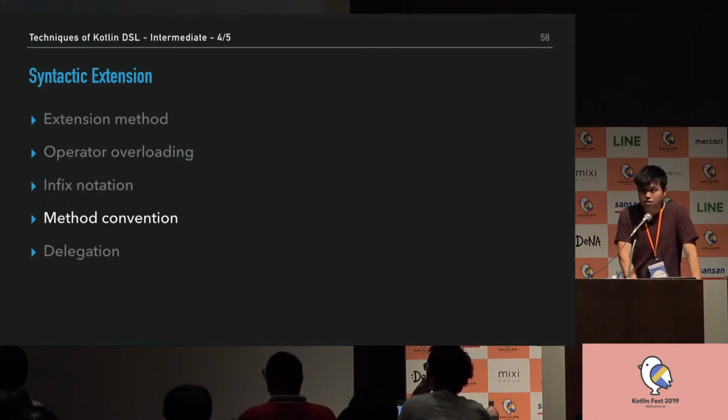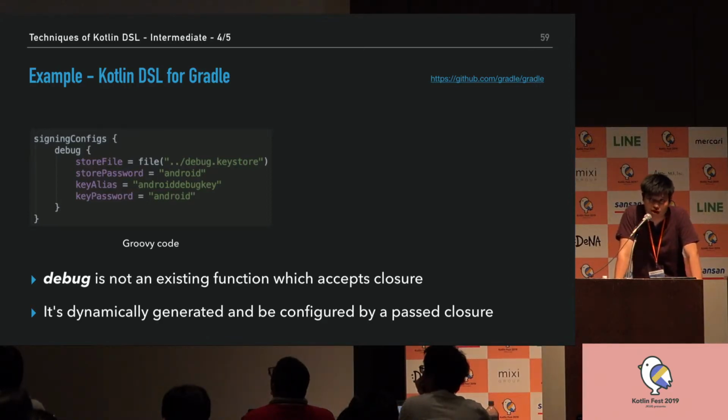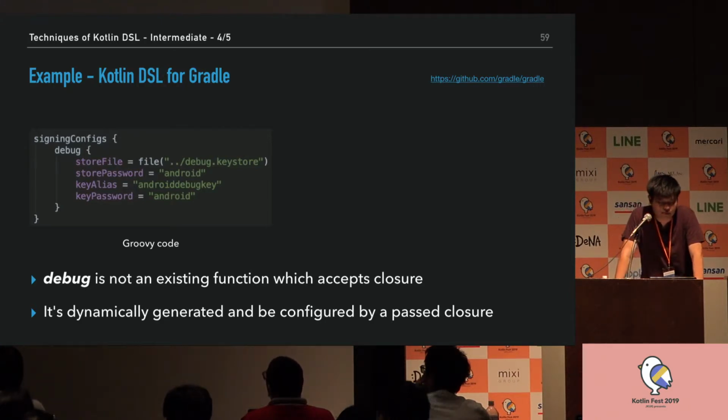The fourth technique is method convention. This example is Groovy code. The code creates signing configurations of Android projects by Groovy DSL. In this example, debug is the name of the signing configuration, and it's configured by a given closure.